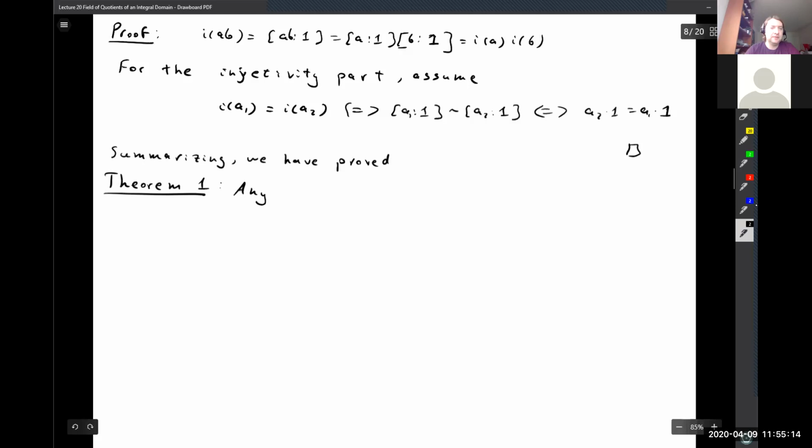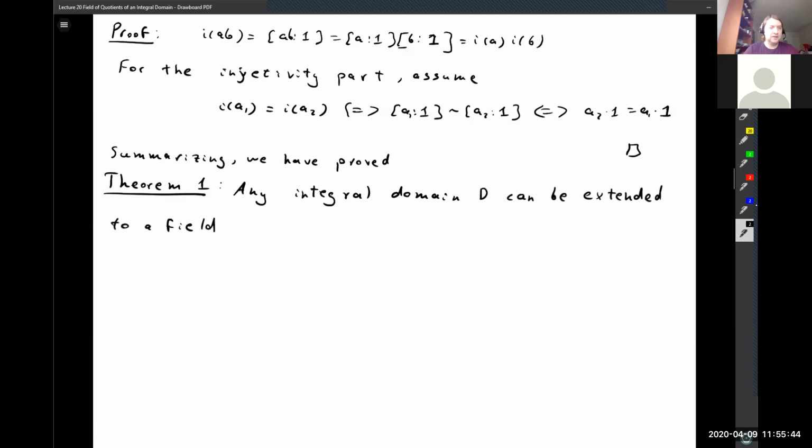Any integral domain D can be extended to a field F of quotients of D.